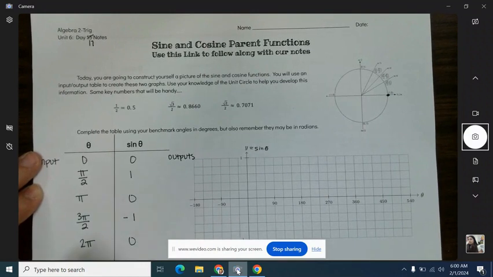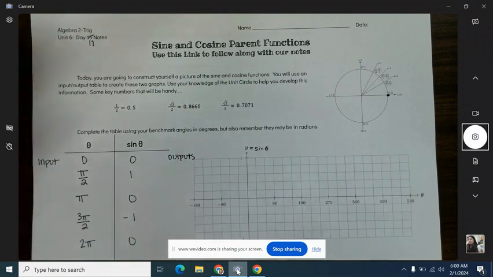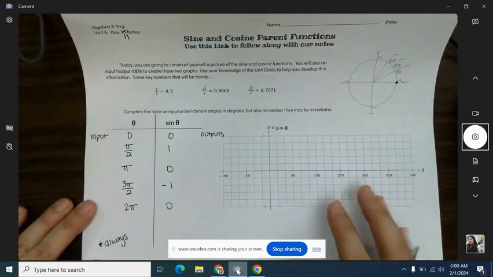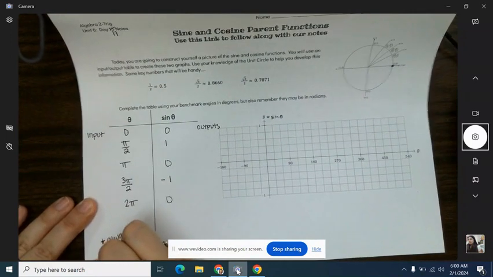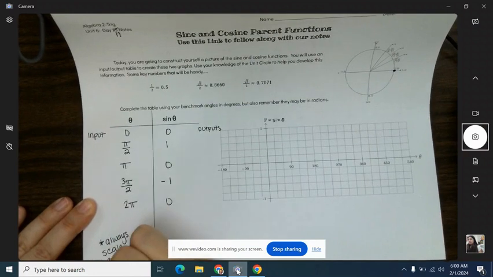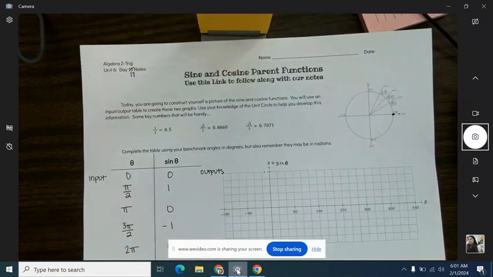Now, it's important to keep in mind that we always scale our graph in radians. Let me hide that screen for a second.